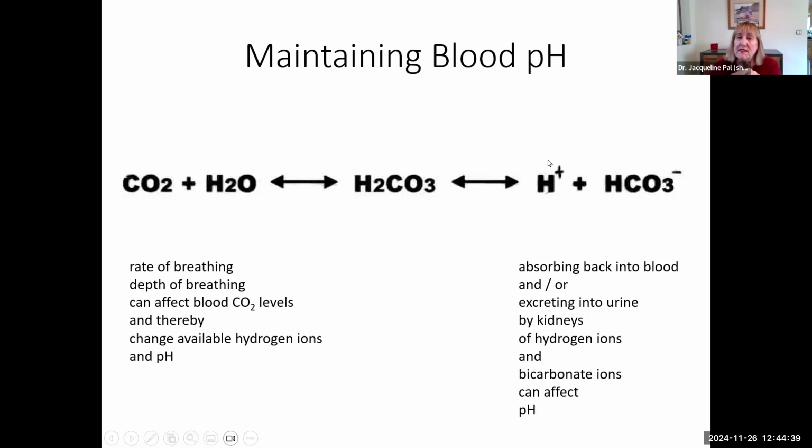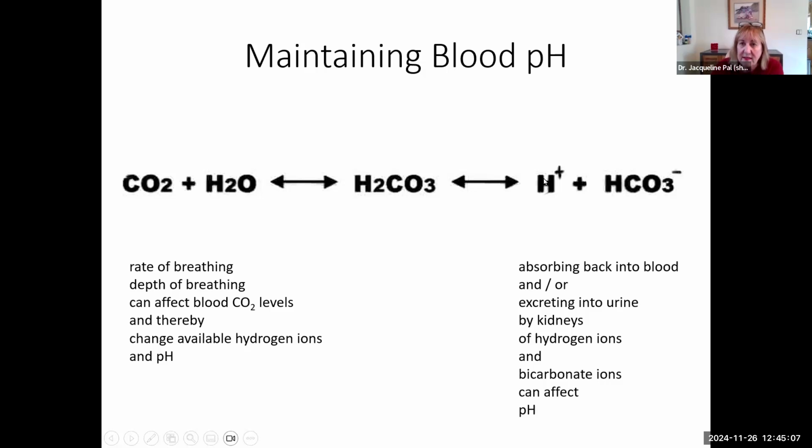So if they're going to send a hydrogen ion back into the blood, that's going to lower the pH. And that means that the bicarb, with the negative ion, they're going to send into the urine, because if they sent that back into the blood, that would raise the pH back up, which would defeat the whole point of sending the hydrogen ion back into the blood.